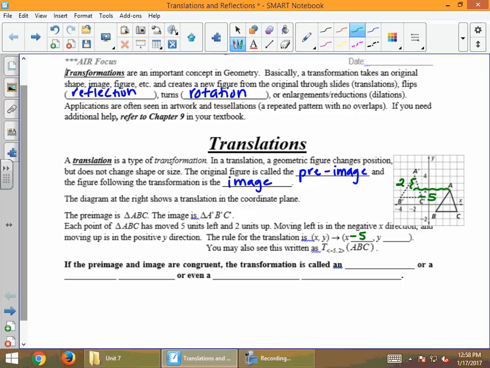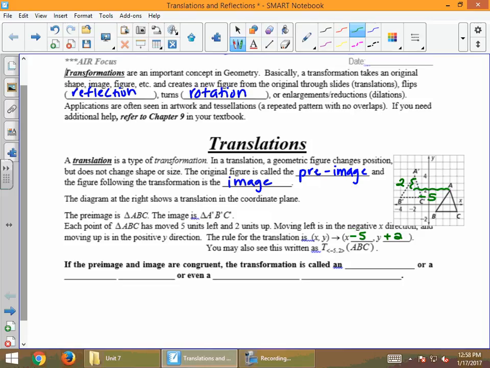We went up 2, we're going to say y plus 2. Right? Your horizontal movement, because it's going the direction of the x-axis, is always tied to the x value. The up and down movement, the vertical movement, is going along the y-axis, so that's going to always be tied to the y value.